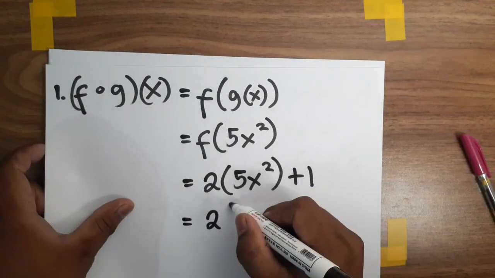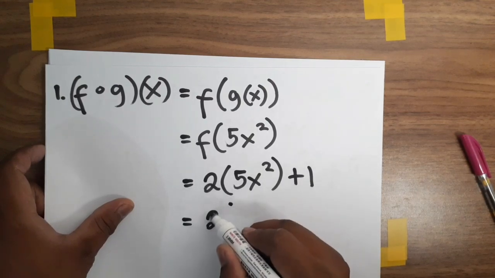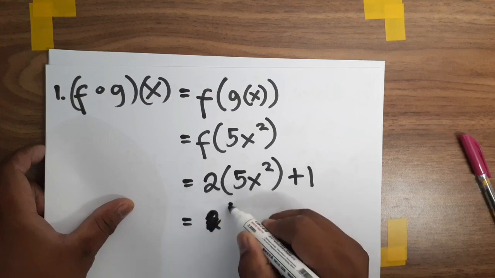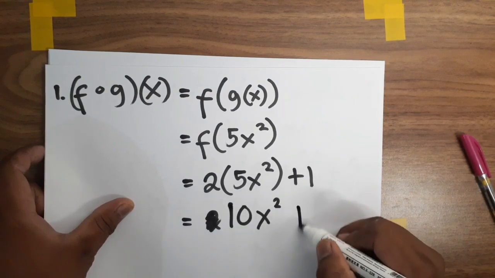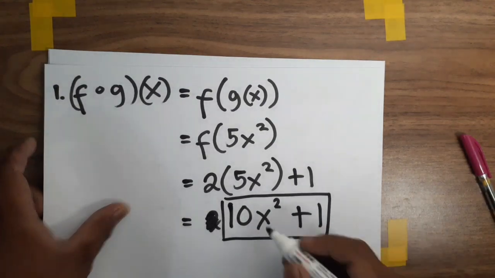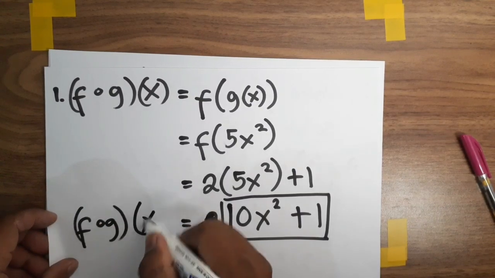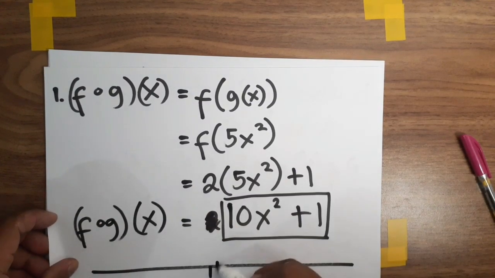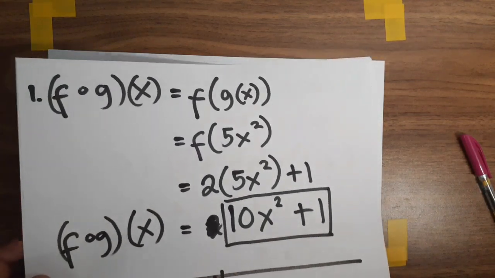So you have 2 times. Okay, but rather, so 2 times 5 is 10x squared then plus 1. So this is now your f of g of x. So una ka perminti sa pinaka sulod.